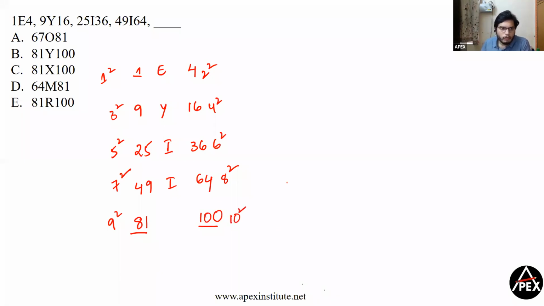Now, do we have options with 8100? Yes. So I can eliminate these two. So now we need to find the middle alphabet in this term, isn't it? Now by looking at these first two terms, 1 plus 4 is 5, and the number is E. 9 plus 16 is 25, so Y. Now what is 25 plus 36? 61, isn't it?